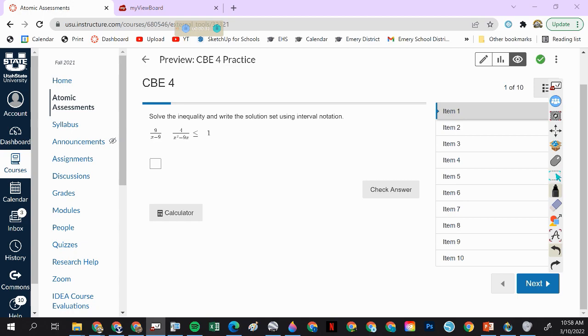So I factor the denominators. One side is x minus 9, one is x times x minus 9. To put the fractions together, I need a common denominator. What is the common denominator going to be? X times x minus 9. So the left side needs an x over x, and the right side doesn't need anything.